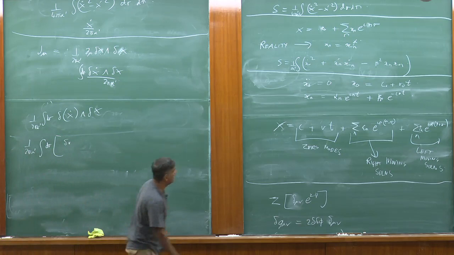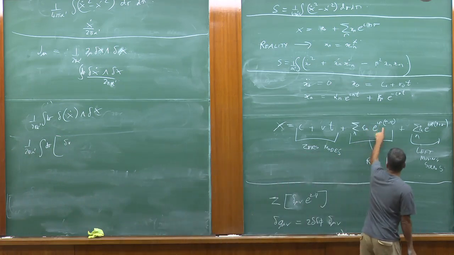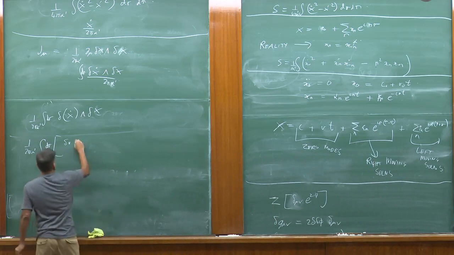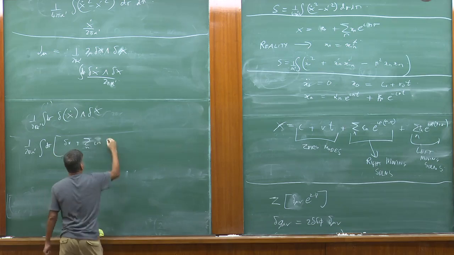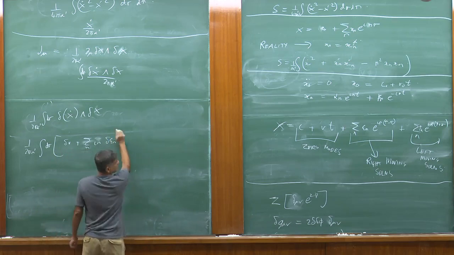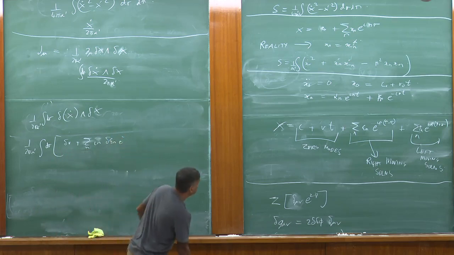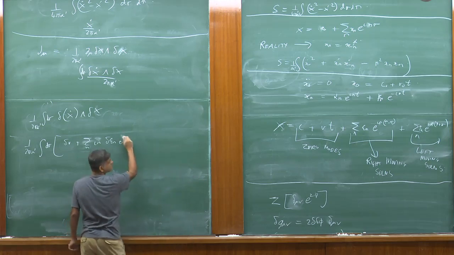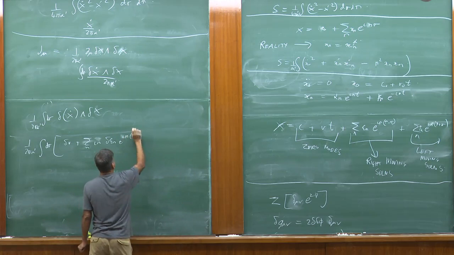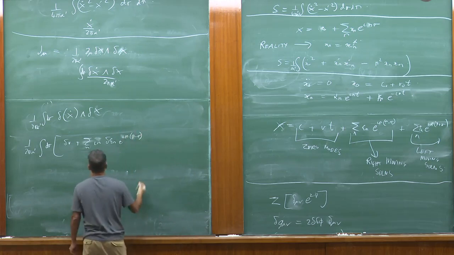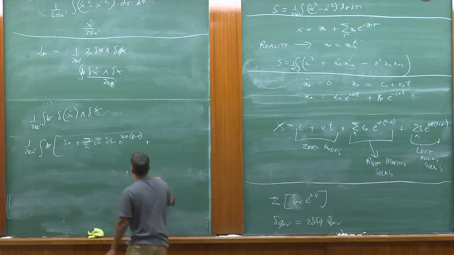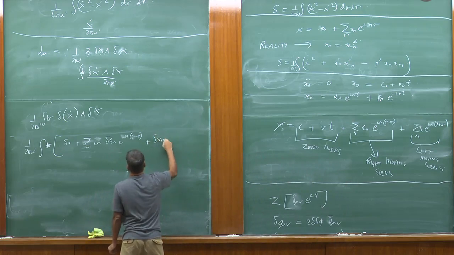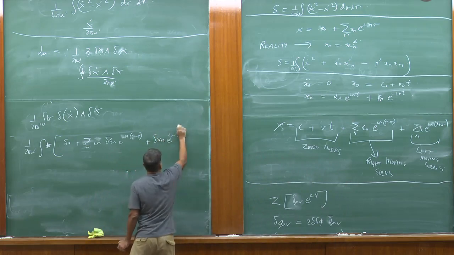Then from here we will get, plus the sum over n, i n times delta zeta n times e to the power i n (tau minus sigma). And here we will get also i n times delta nu n times e to the power i n (tau plus sigma).